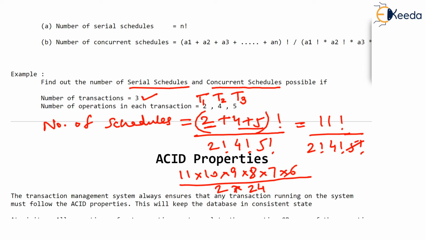So 6 fours are 24, 4 twos are 8, and this gets cancelled. So this is 90 into 11. That will be 990. So the number of schedules possible is 990.